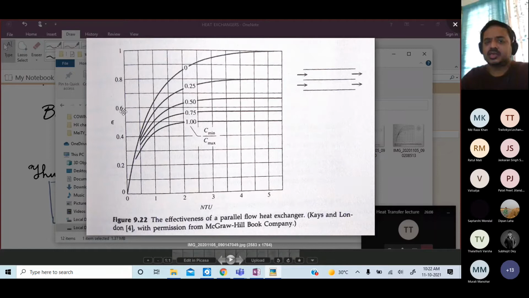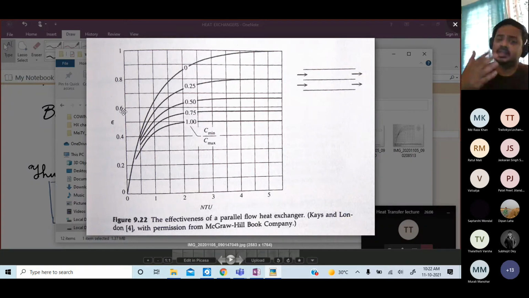If you know the temperatures, Thi, The, then if you want to find out what is my effective overall heat transfer coefficient U, you find out effectiveness NTU from there. Or if you know overall heat transfer coefficient, you want to know the surface area, then also you can find out NTU.